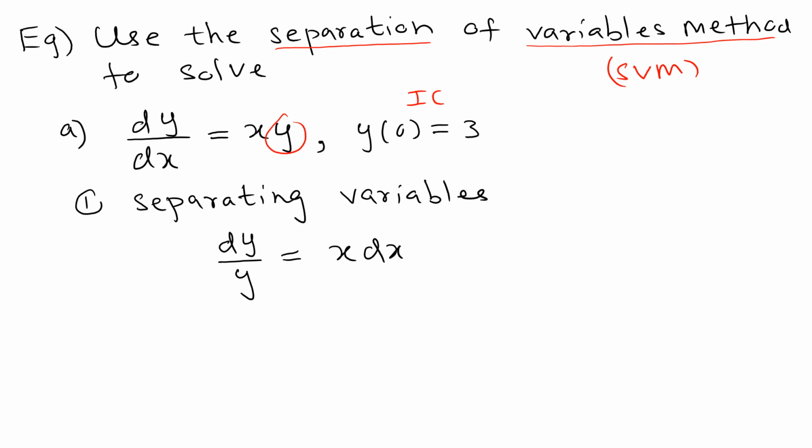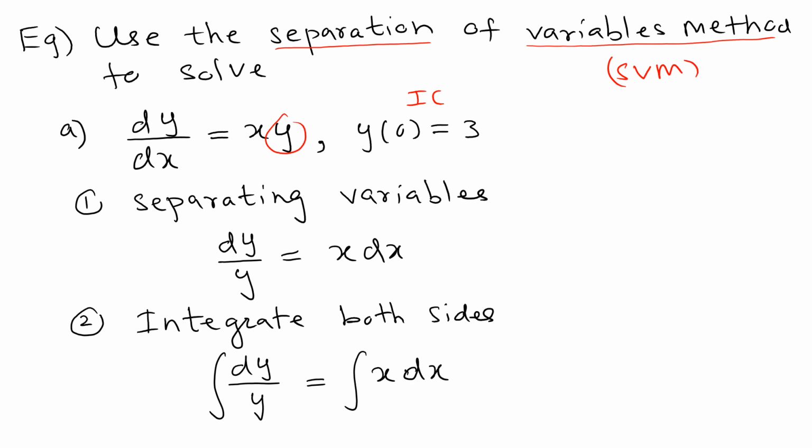That's step 2. And then, if possible, we continue, because sometimes you get an integral that you cannot do. But in this case, these are easy to integrate. So let's do that next.